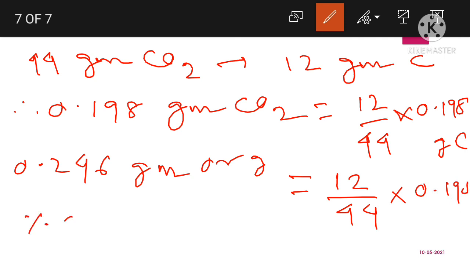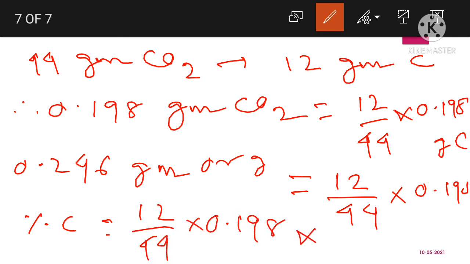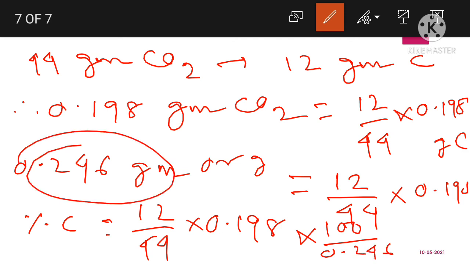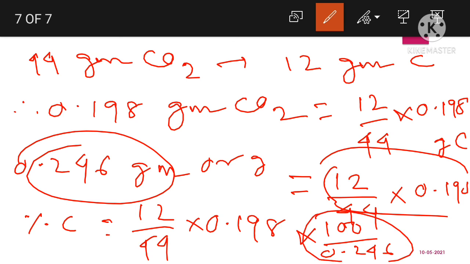So percentage of carbon equals 12 by 44 into 0.198 into 100 by 0.246, because this much gram of organic compound contains this much carbon. So 1 gram contains this by 0.246, so 100 gram will contain this into 100. If you calculate this, you will get the percentage of carbon.